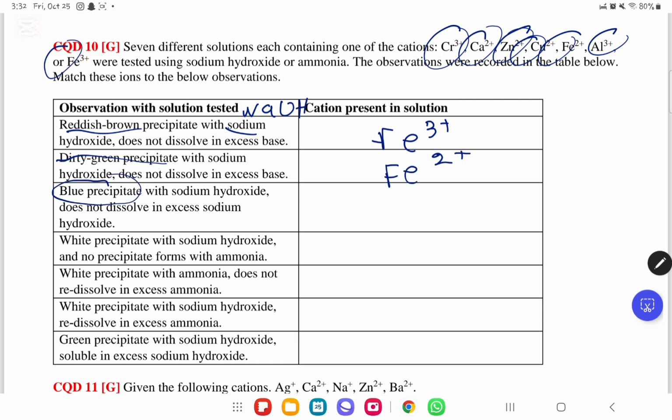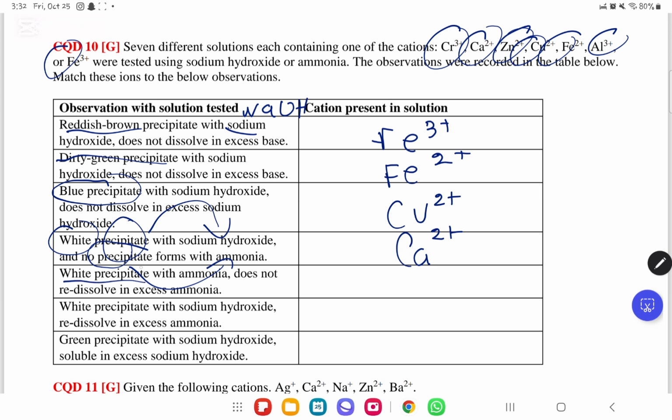Blue precipitate is Cu2+. White precipitate, okay, we have many things that have a white precipitate. If it forms a white precipitate with sodium hydroxide but no precipitate with ammonia, this is Ca2+.